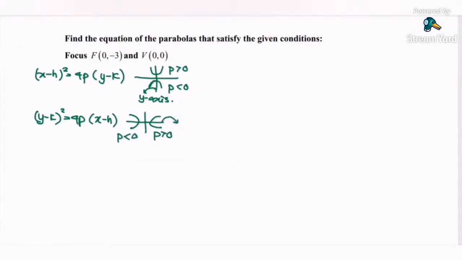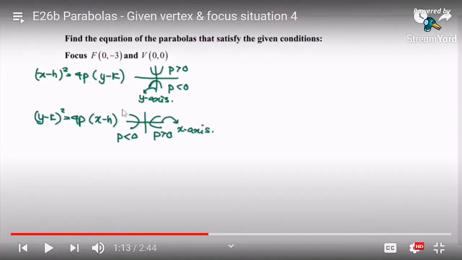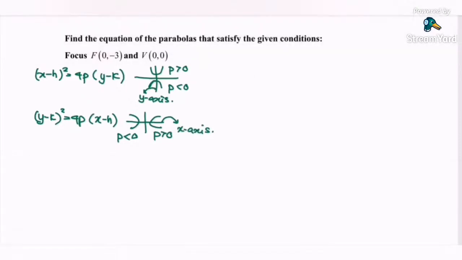And here we have the symmetrical axis, which is the x-axis. So kindly, nampak saya draft up dua formula ni untuk saya buat pilihan. Sebelum saya buat keputusan, saya mesti kena rujuk condition yang diberi.